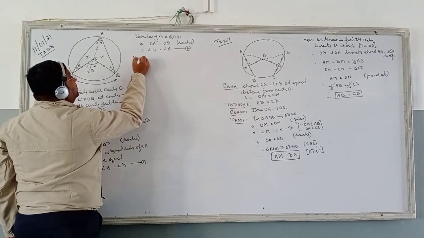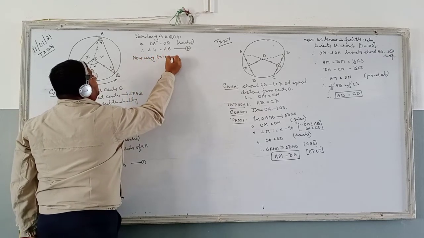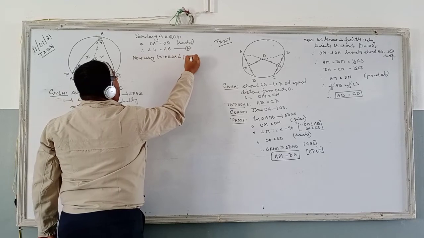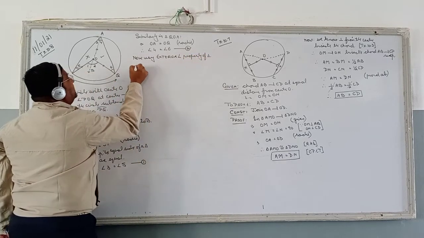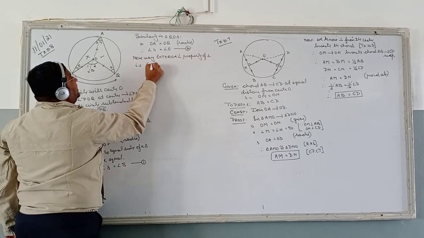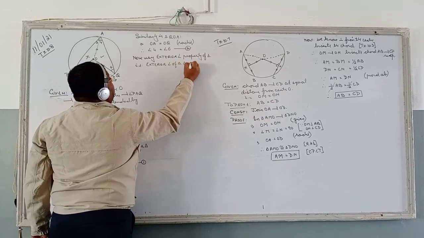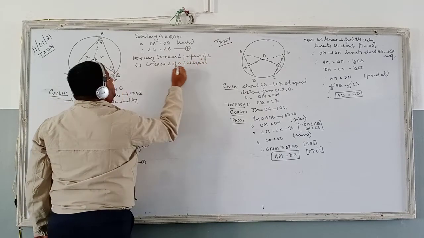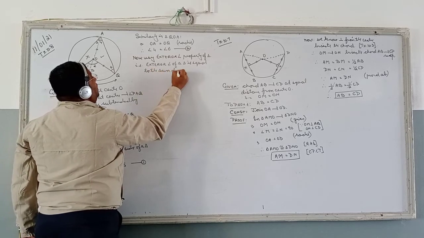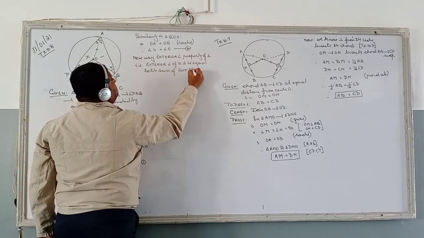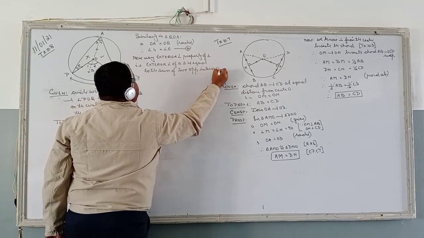Now, using exterior angle property of triangle. What is that? That is, exterior angle of a triangle is equal to the sum of two opposite interior angles.